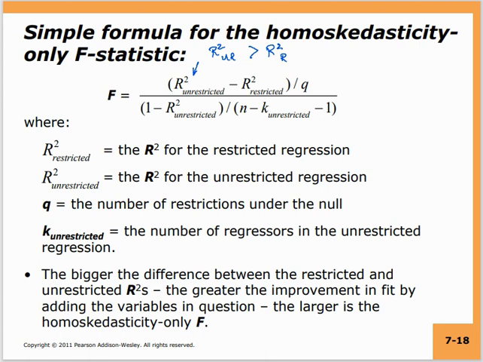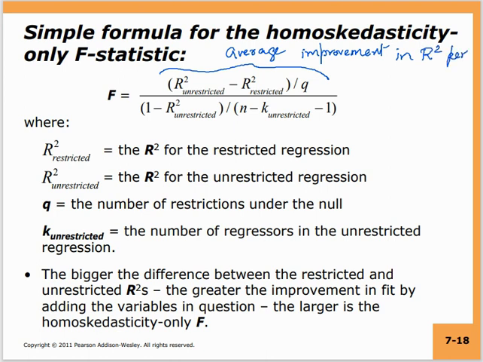That is the improvement in R square from the total number of restrictions, that is, the total number of variables that you have added in the unrestricted model. So this numerator gives the average improvement in R square per restriction, or per variable added in your unrestricted model.